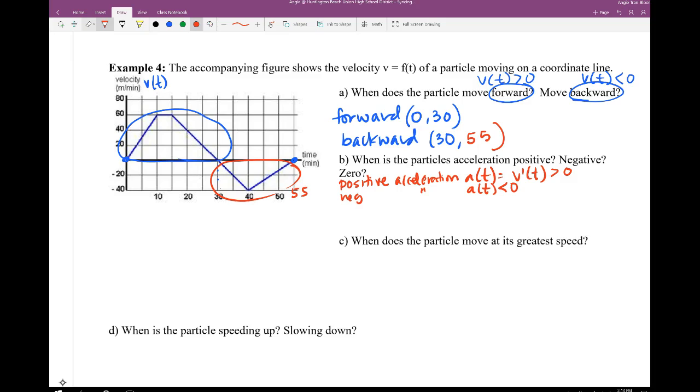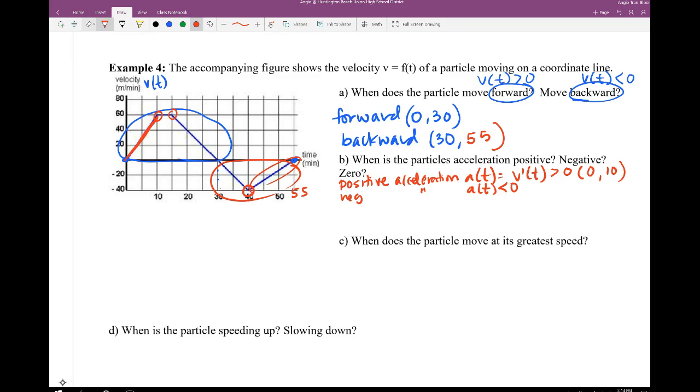So let's look at the positive. This is v of t. If I take the derivative of v of t, that will give me acceleration, a of t. So from here to here, it looks like that is positive, right? These are the undefined spots. Would you agree? So I have a positive slope from 0 all the way to 10. Is that the only one that's positive? How about here?